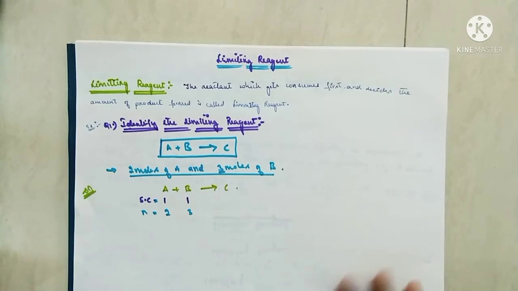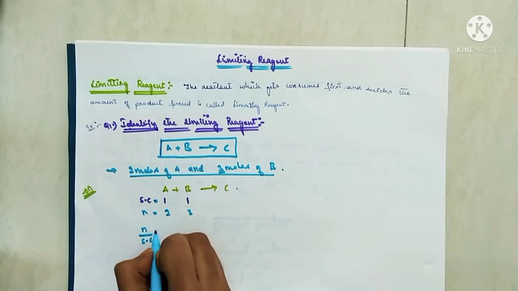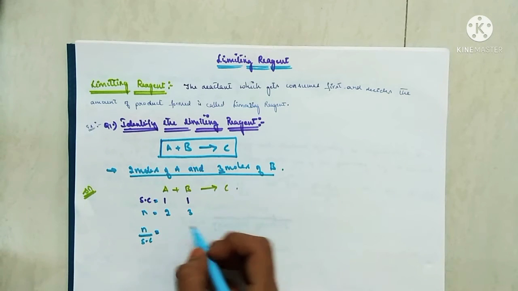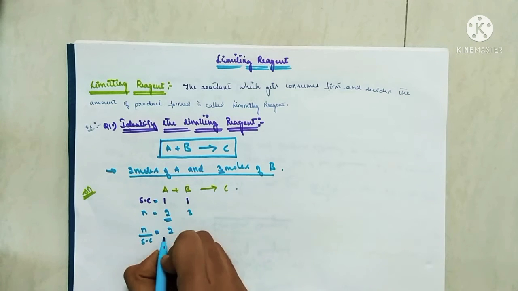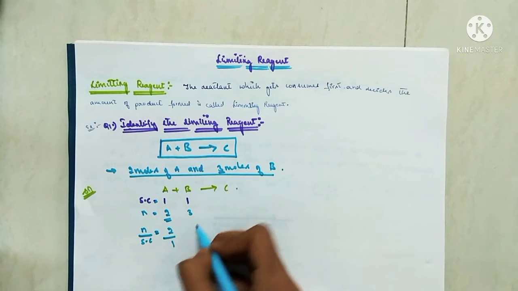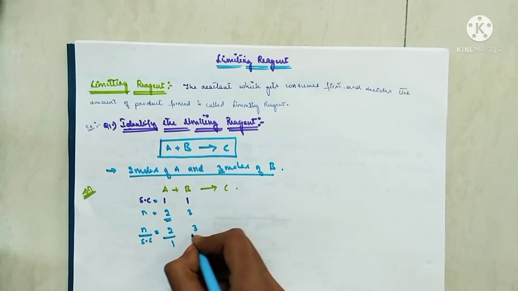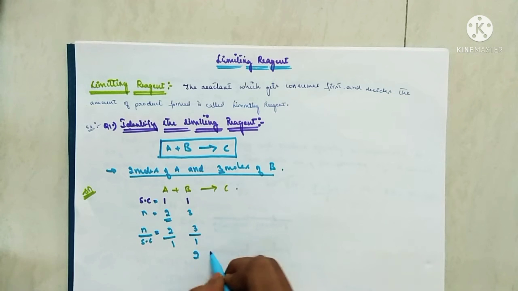To find the limiting reagent, first we must find the value of n by SC. The n by SC value of A is 2 by 1, and the n by SC value of B is 3 by 1. So 2 is less than 3.